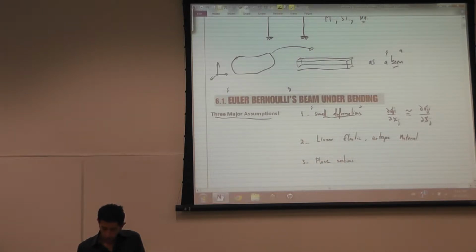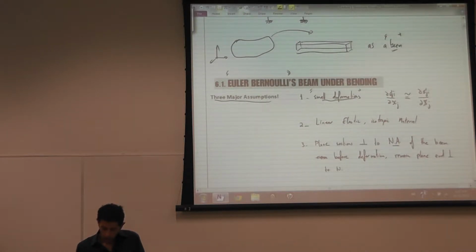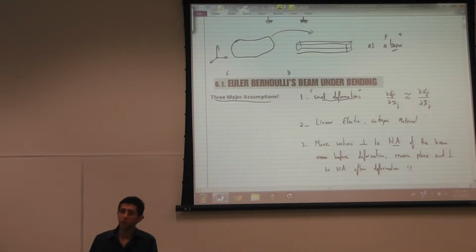So plane sections perpendicular to what we call the neutral axis of the beam before deformation remain plane and perpendicular to the neutral axis after deformation. This is the major assumption behind the beam.